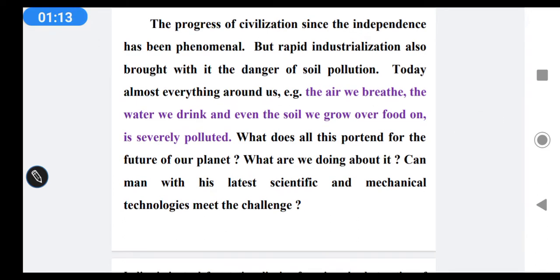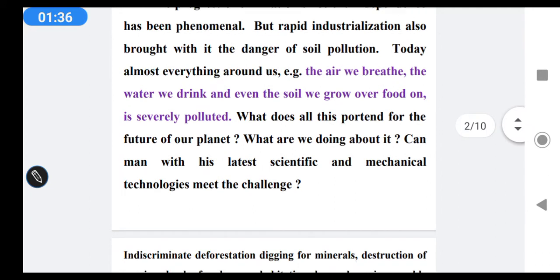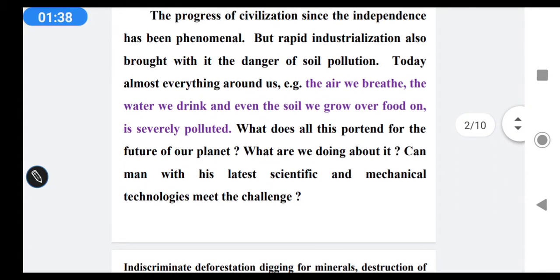What does all this portend for the future of our planet? What are we doing about it? This question is very important, right? You have to think and self-analyze. Can man, with the latest scientific and mechanical technologies, meet the challenges?